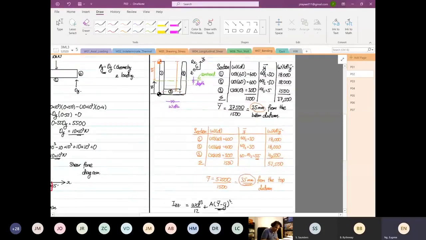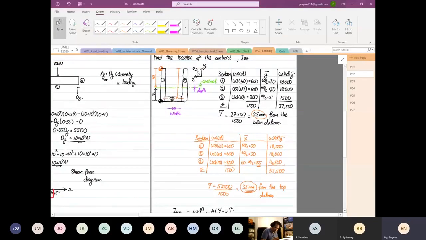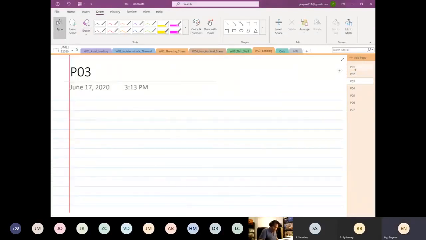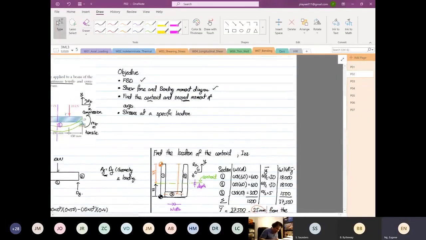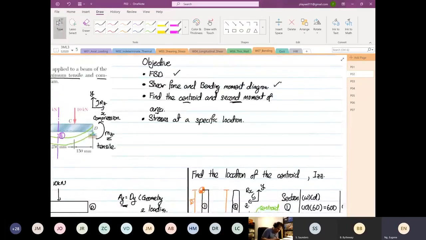If you look at your datum, it's exactly pointing at the same line. So where we are now in solving this problem, we found our centroid and our second moment of area. Now we want to look at stresses at a specific distance.